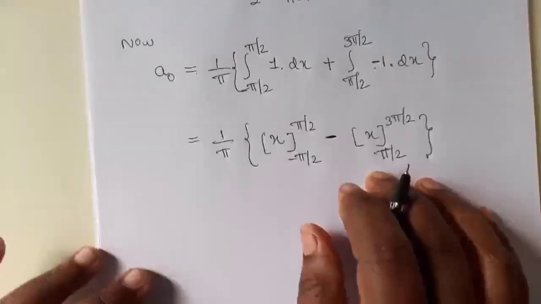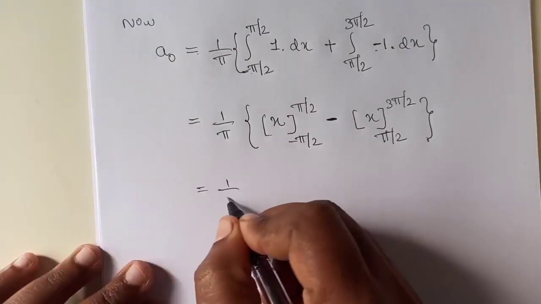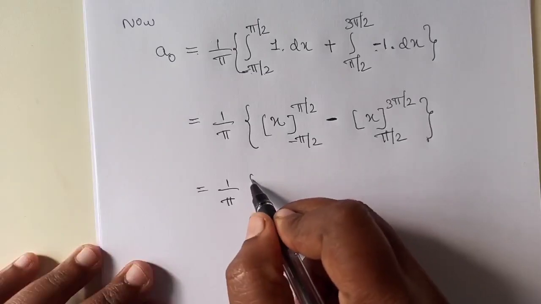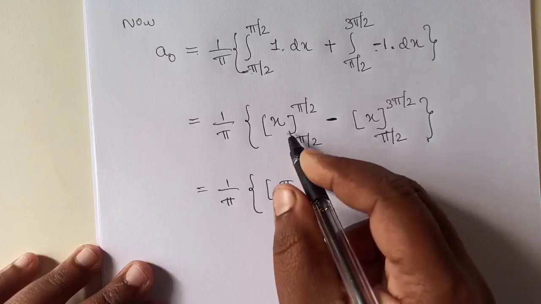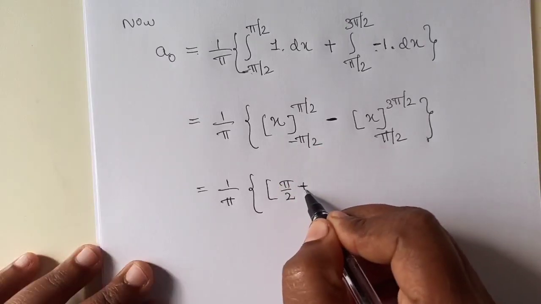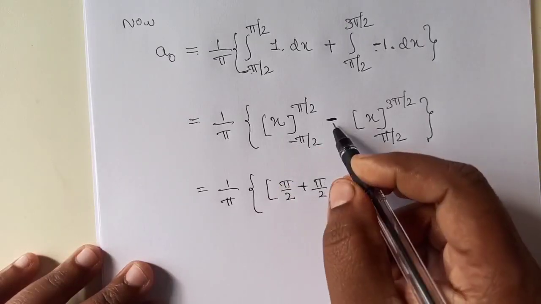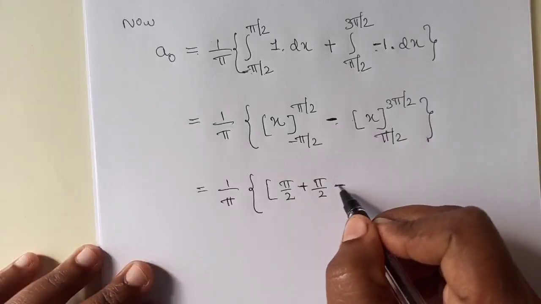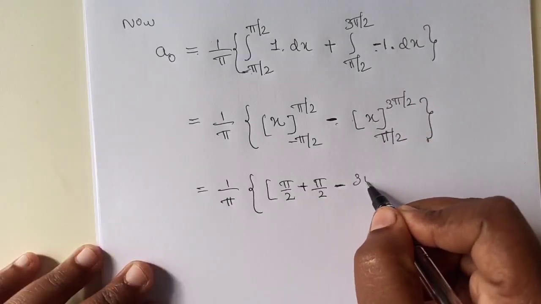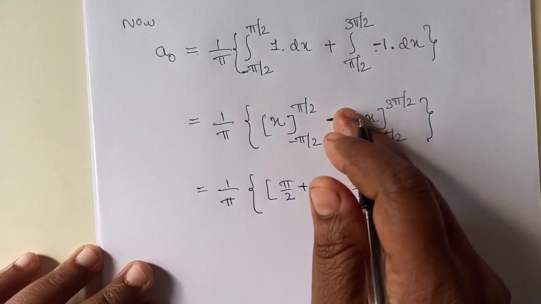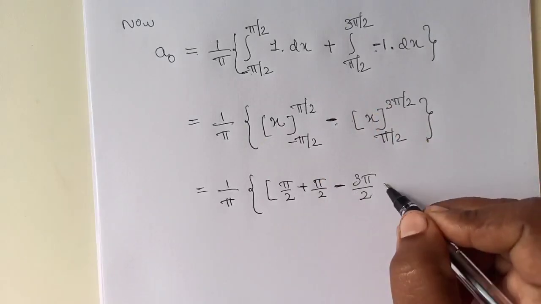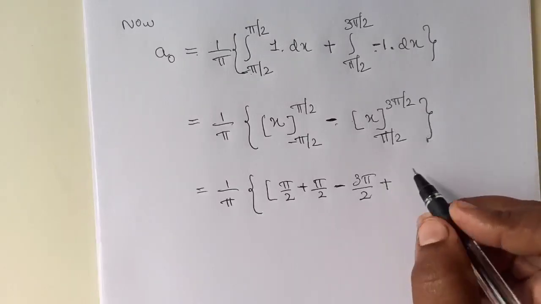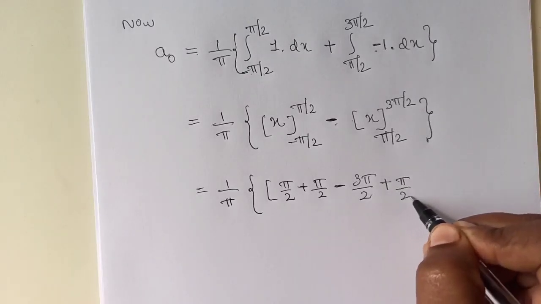Now evaluating these limits we get 1 by pi, upper limit pi by 2 minus lower limit, that is minus into minus we get plus pi by 2. Here minus, upper limit 3 pi by 2 minus lower limit pi by 2.